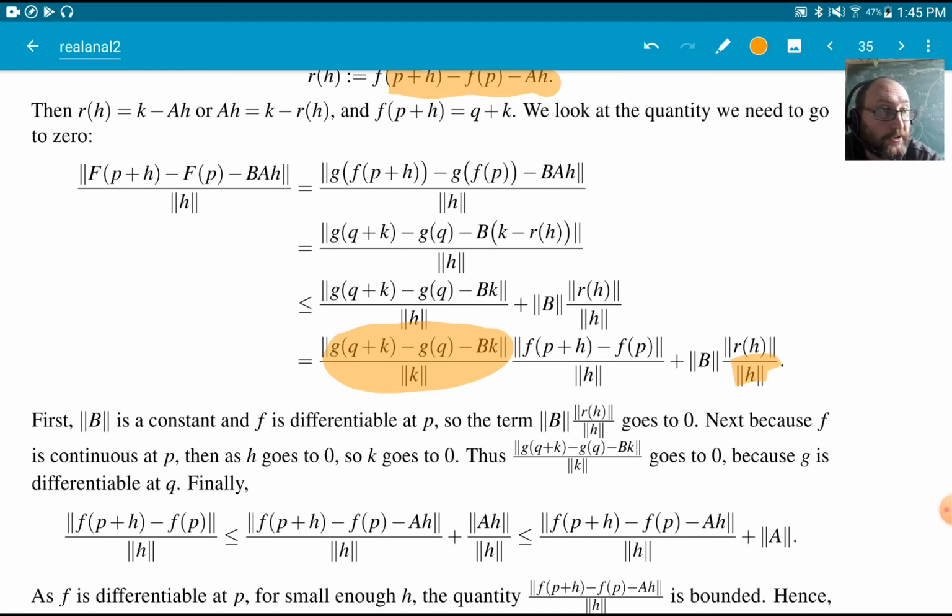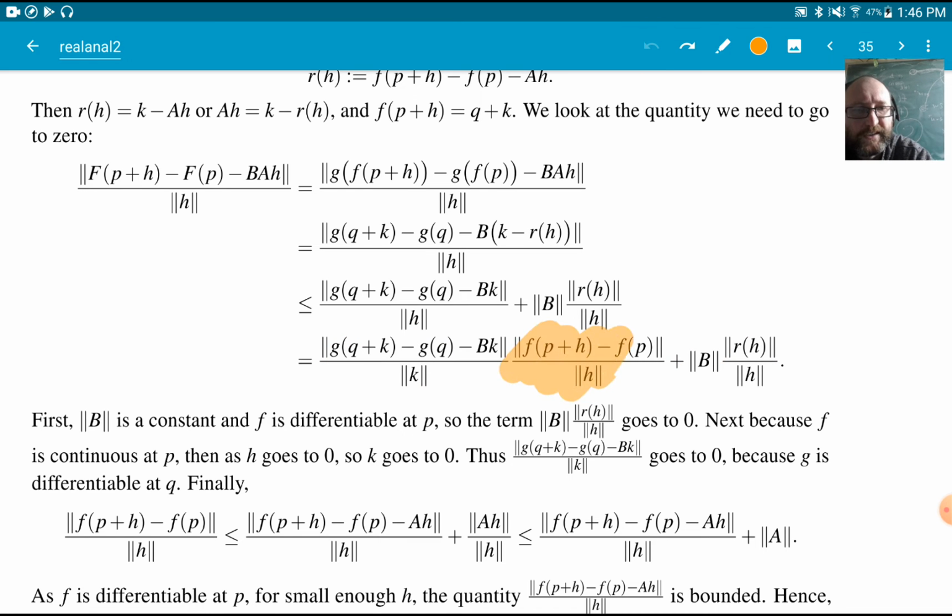We know that that goes to 0 because f is differentiable. Now, it doesn't quite yet say that this goes to 0 because it's multiplied by these guys, this and this. Over here, this is easy. The norm of B is a constant, so a constant times something that goes to 0 goes to 0. So that part of it is fine.